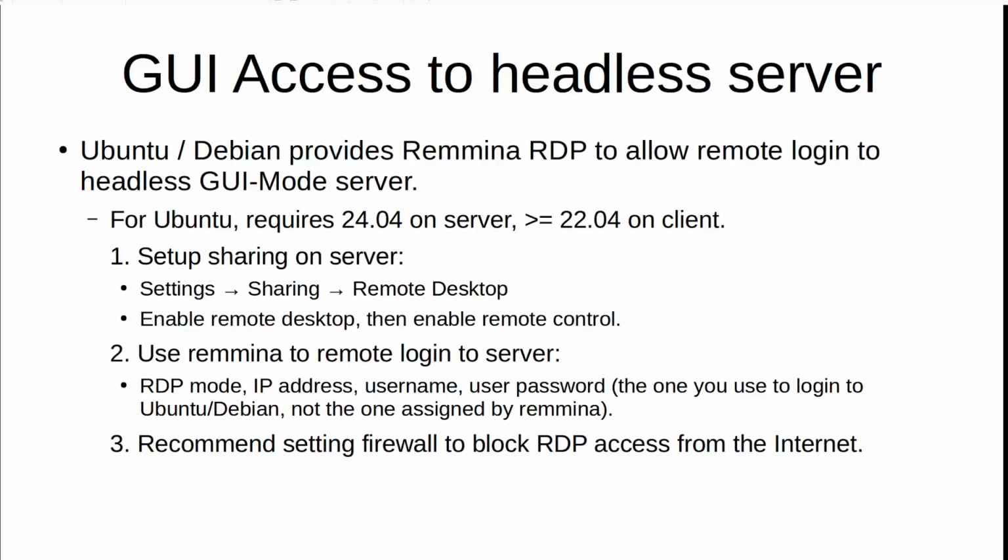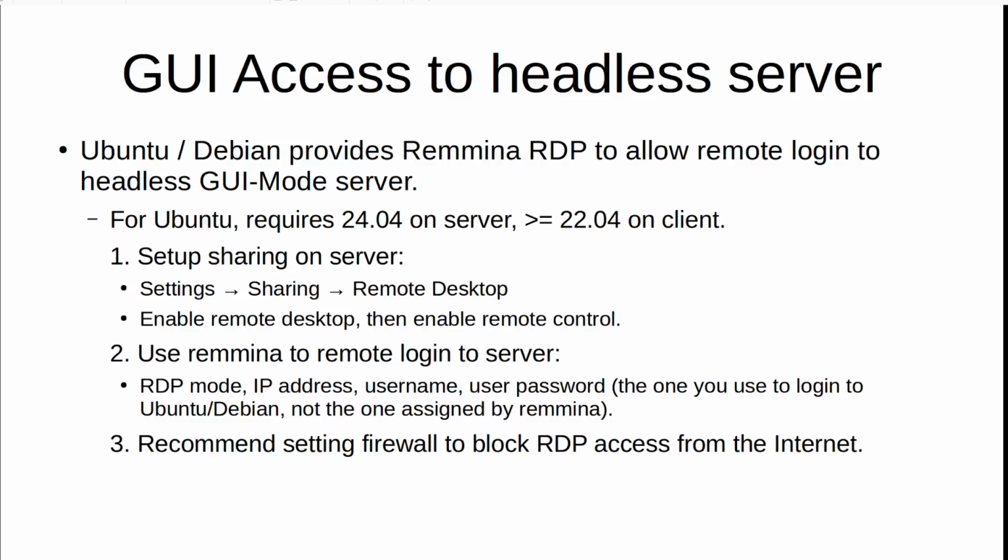On the server, using the GUI and a local keyboard and mouse and display, go into Settings, Sharing, and Remote Desktop, and then you'll need to enable Remote Desktop and enable Remote Control.